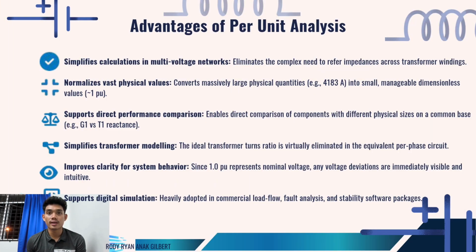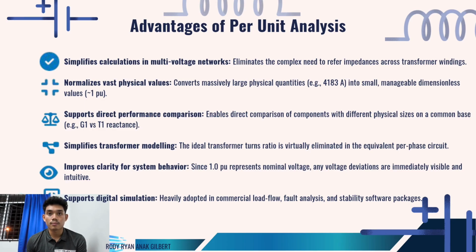So why do we actually use per unit? First, it makes calculation way easier in a system with multiple voltages because you don't have to keep shifting impedance back and forth across transformers. It also takes huge ugly numbers like thousands of amps and shrinks them down to something small and simple, like around 1 per unit. This lets us directly compare different pieces of equipment like a generator and a transformer, even if they are totally different sizes.